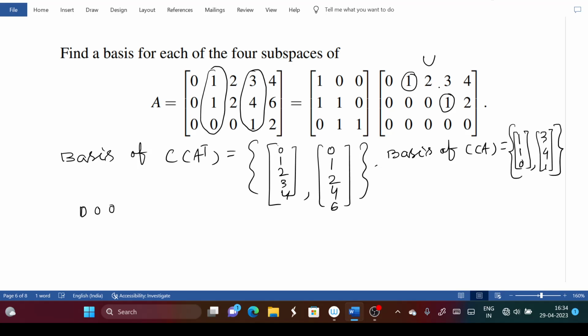So when I am writing the transpose: 1, 1, 0, 2, 2, 0, 3, 4, 1, 4, 6, 2. So where are the pivots?